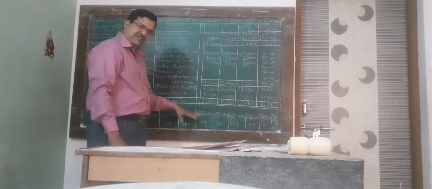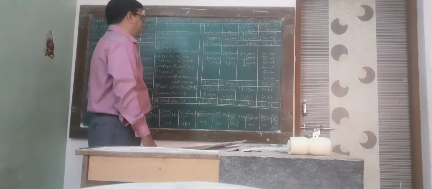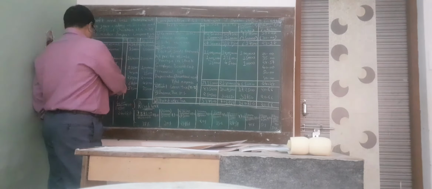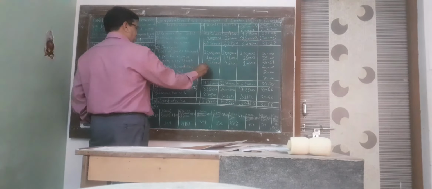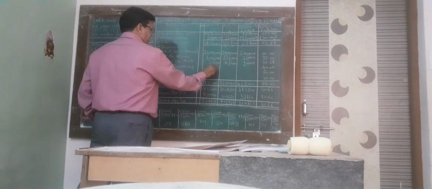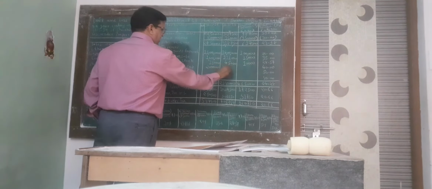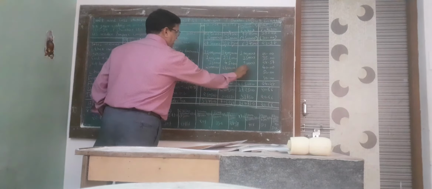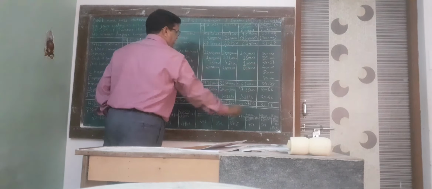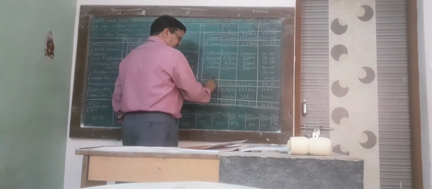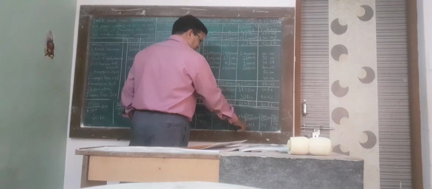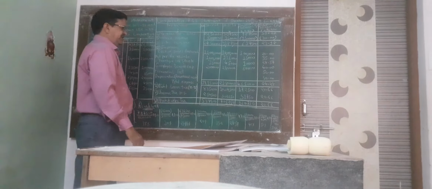Rough work is given below the example. Now employee benefit expense is 2 lakhs and then 2,80,000. So the increase in expenses is rupees 80,000. 80,000 by 2 lakhs into 100 is equal to 40%.